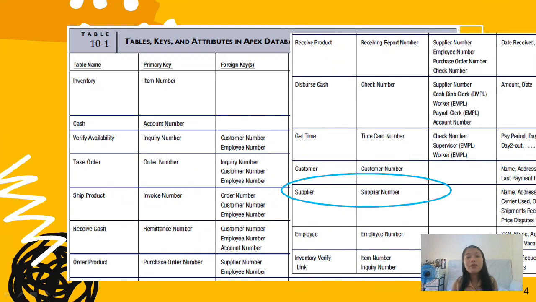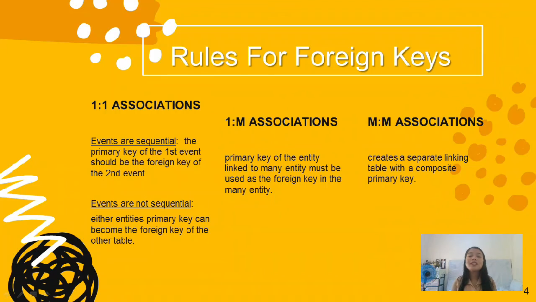Same with the primary key of the supplier table, which is the supplier number, has been assigned as a foreign key to the order product, receive product, and disburse cash tables.